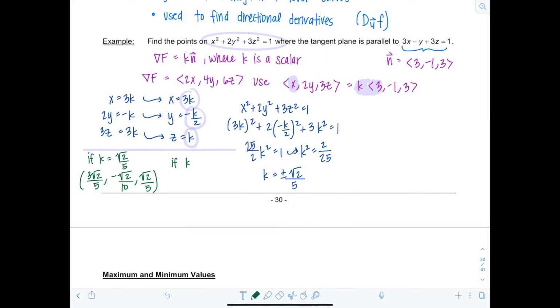Now, if k is equal to negative rad 2 over 5, then x would be negative 3 rad 2 over 5. y would be positive rad 2 over 10, and z would be negative rad 2 over 5. So that's one option of how to write it out.